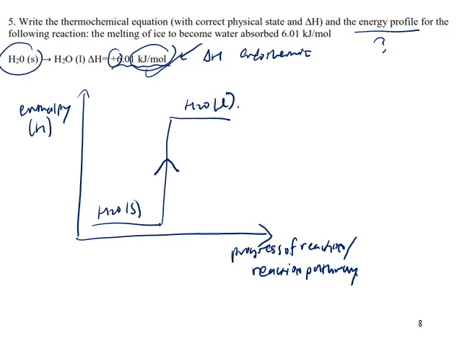But the x-axis definitely is not time, because we are not measuring rate of reaction. So take note, this graph is not complete because in the middle you have to indicate the delta H. So just copy whatever you have here. So we get plus 6.01 kilojoule per mole.